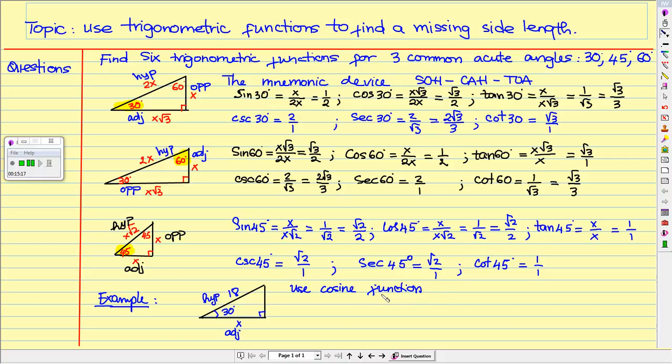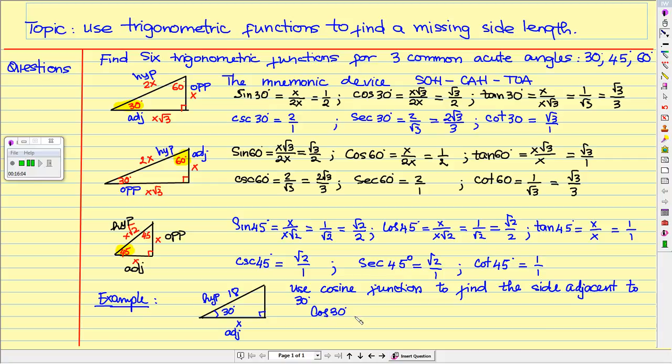Okay, so why do we have to use the cosine function? Because if we use the cosine function, which is adjacent over hypotenuse, then we can find the length of the adjacent. So I'm going to make a note over here: use cosine function to find the side adjacent to 30 degrees.